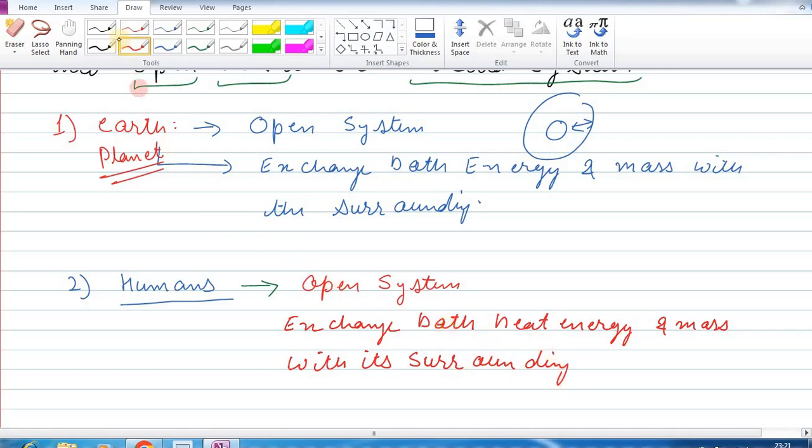Or you can say humans or any living being is a kind of open system. Third is the universe. Although I have told it to you, the universe.